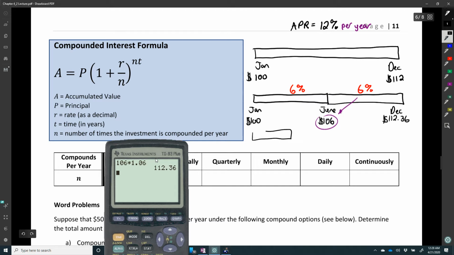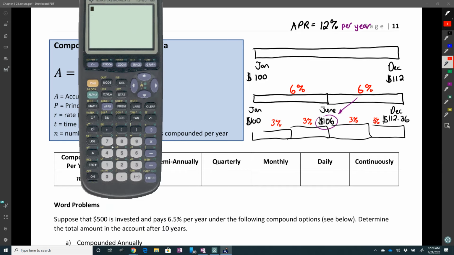You can split it up into 4 sections instead. And in that case, it would be 3% every time, because 4 threes gives you 12. If you do that, you would have 100, then you'd have 103.